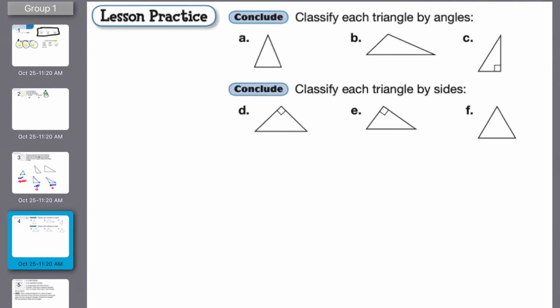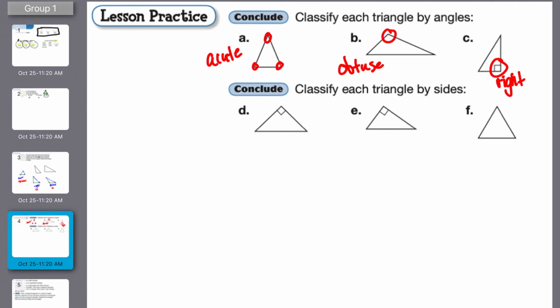All right, it says classify each triangle by angles up here. So by angles, this one would be acute, because you can see it has acute angles. This one would be obtuse because it has an obtuse angle, and this one would be right because it has a right angle.